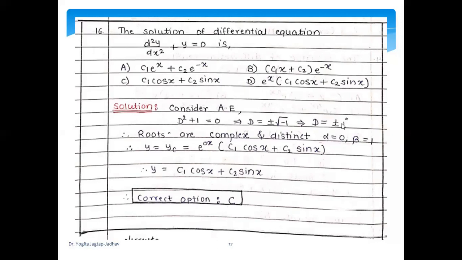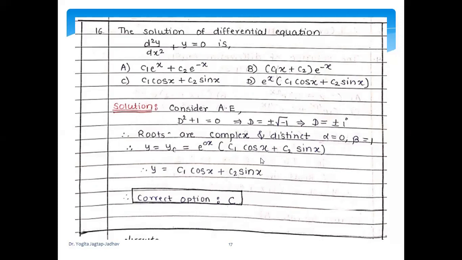These are the conjugate roots and these are complex and distinct roots, where the real part alpha equal to 0 and the imaginary part beta equals to 1. Now by assuming case number 3 for writing complementary function, when we are having complex and distinct roots alpha plus minus i beta, what do we know?